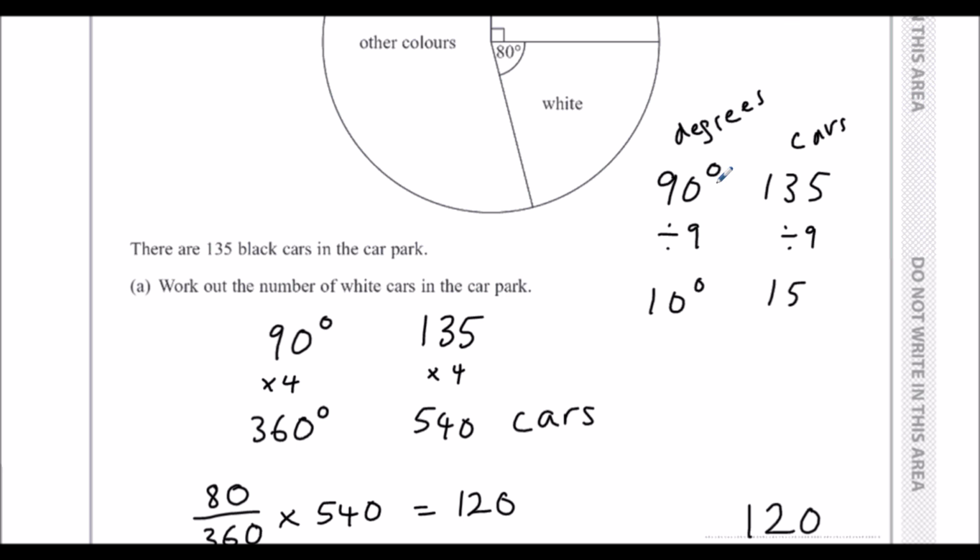And then we could have taken 10 degrees away from 90 degrees to get 80 degrees. So 135 take away 15 is 120. Or we could have times by 8. So 10 degrees times 8 is 80 degrees. 15 times 8 is 120. Either of those methods would be good.